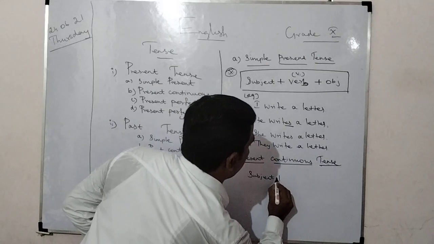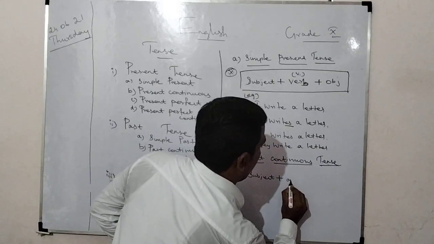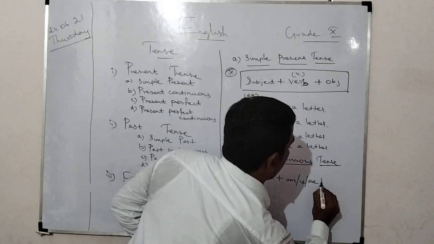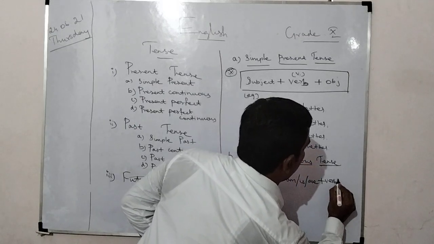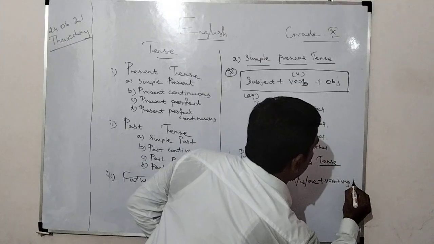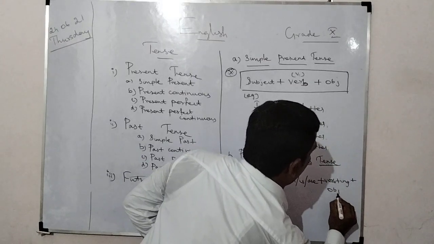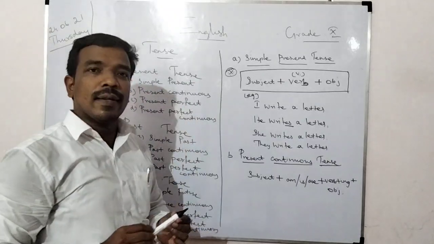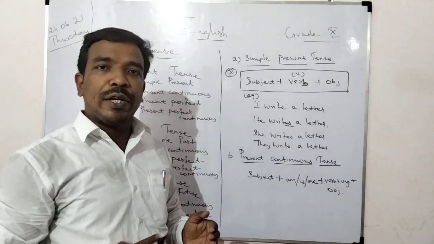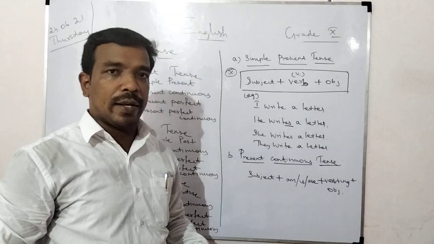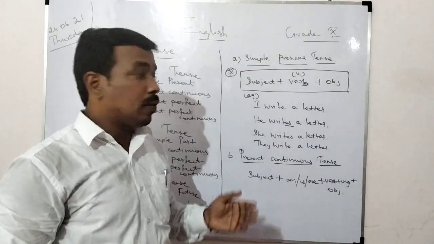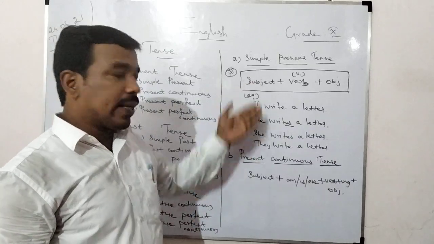Subject plus am or is or are plus verb plus ing plus object. Have you taken this down? This is a YouTube video, so after that also you can take down our class and write this material.